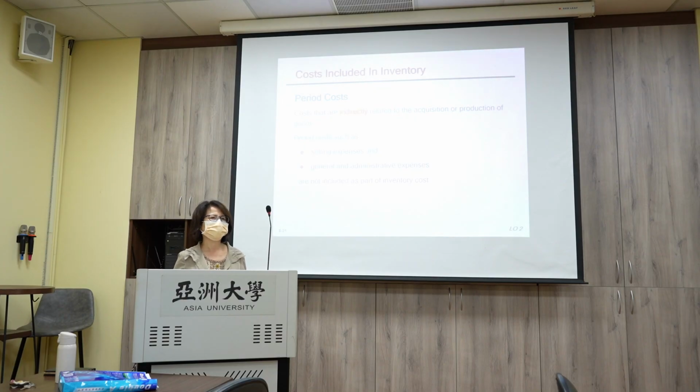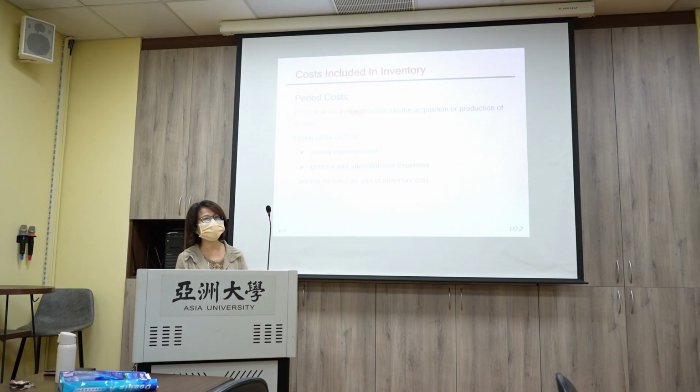Period costs. I explained it earlier, right? Period costs include selling expenses and general and administrative expenses. Selling expenses you might also call marketing expenses. Or even R&D expenses are also a part of period costs.